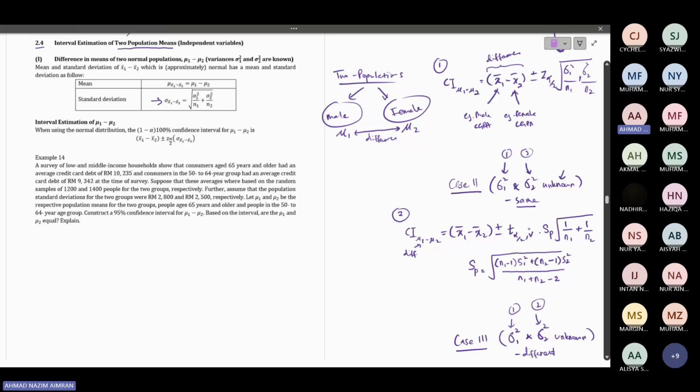And the degree of freedom here? It is n1 plus n2 minus 2, because now we are dealing with two populations.